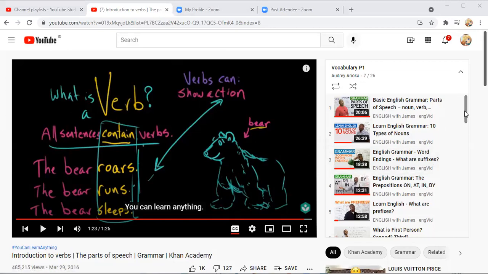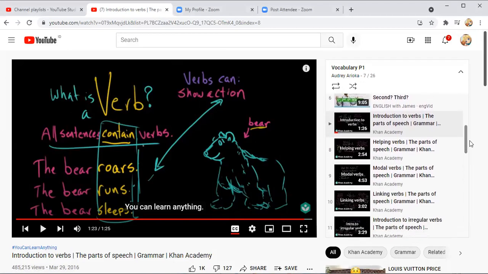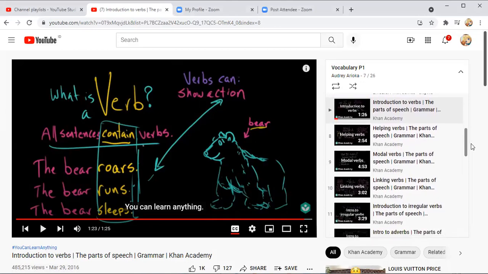Then we're going to our next one. So all of these are verb 1 ya. Because there are verb 2 and verb 3. Ada verb 2 dan verb 3 juga. Verb 2 mostly for past tense, kata kerja masa lampau ya. And verb 3 is for present perfect tenses.